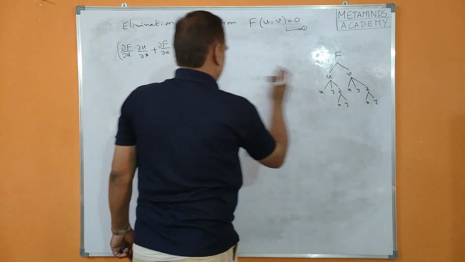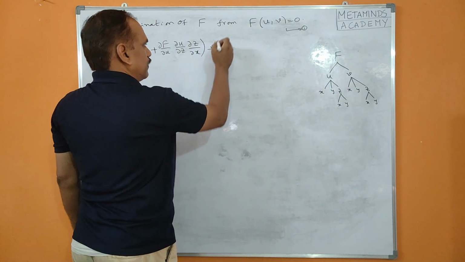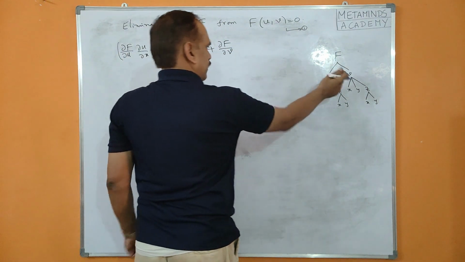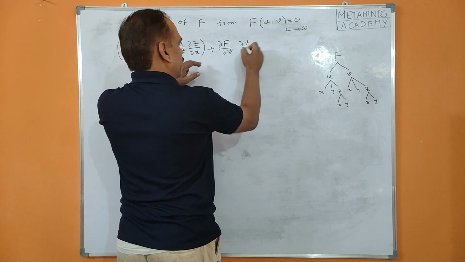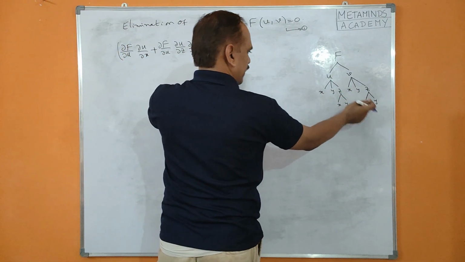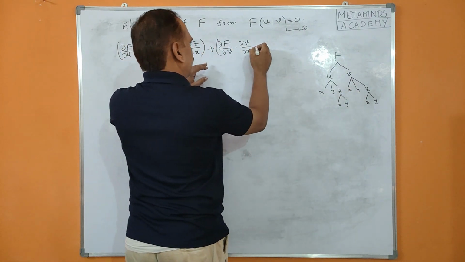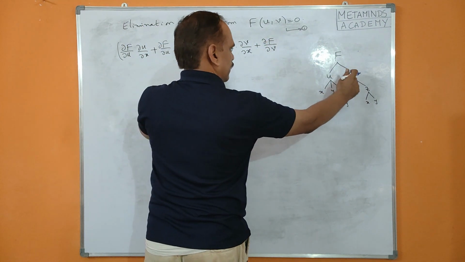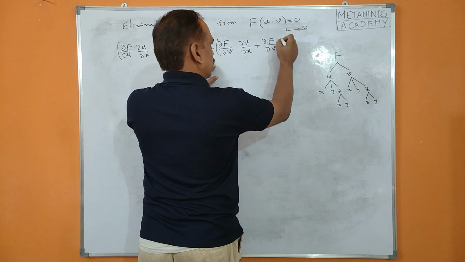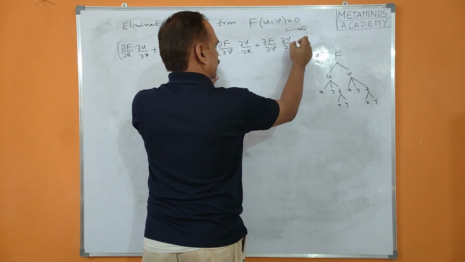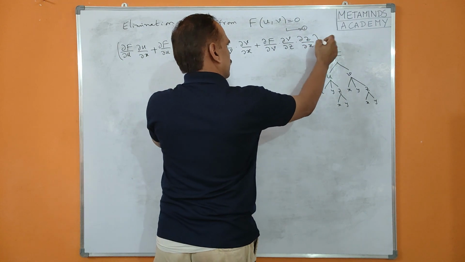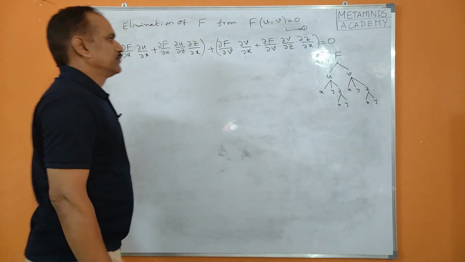You have another branch, plus dou f by dou v into dou v by dou x, because here also you have x, plus dou f by dou v into dou v by dou z into dou z by dou x, equal to 0.